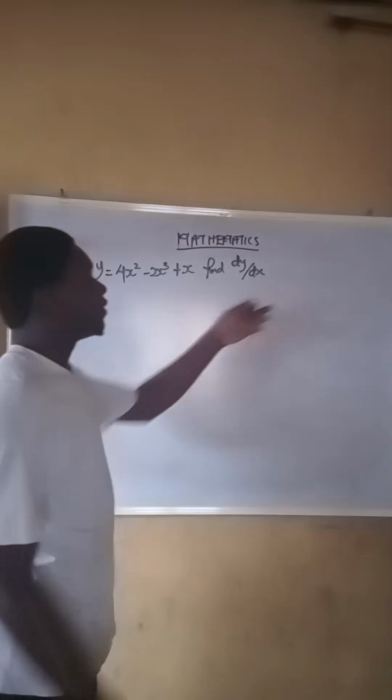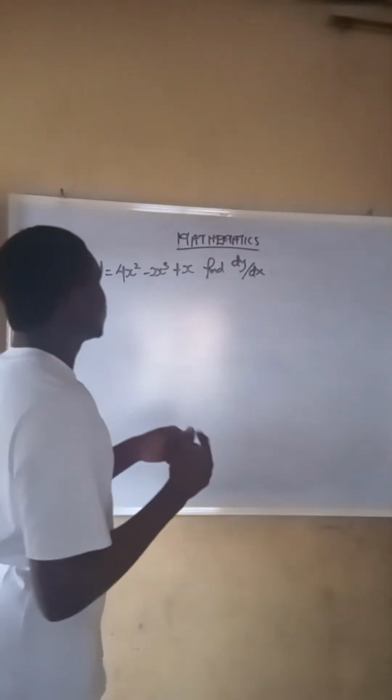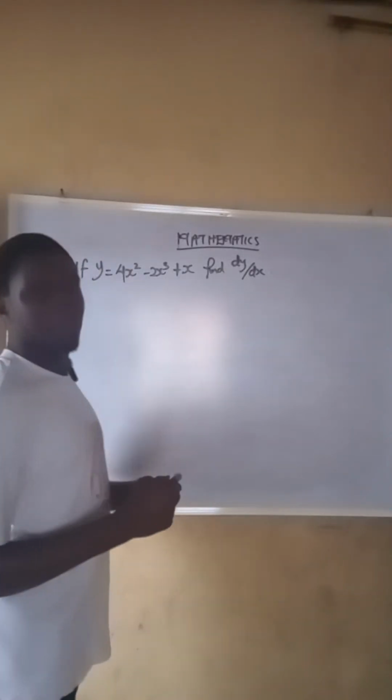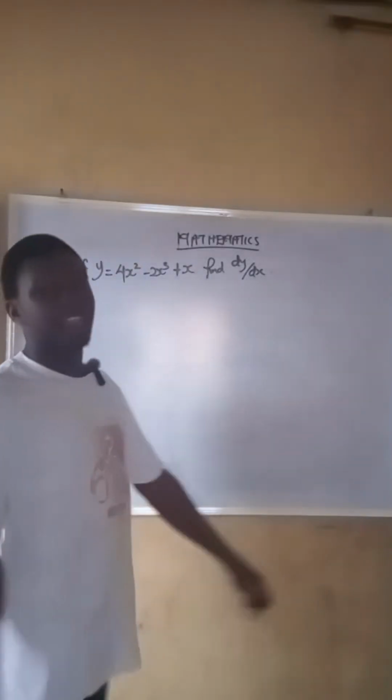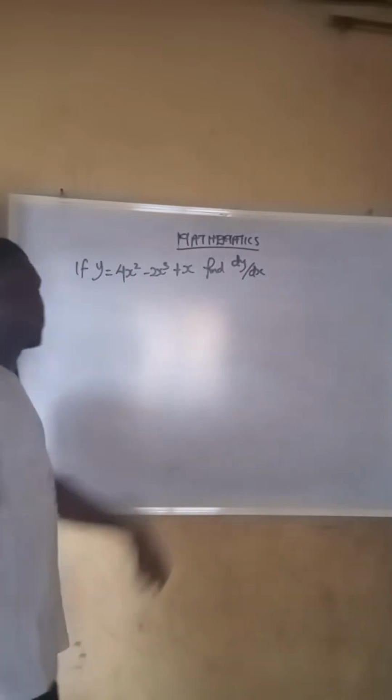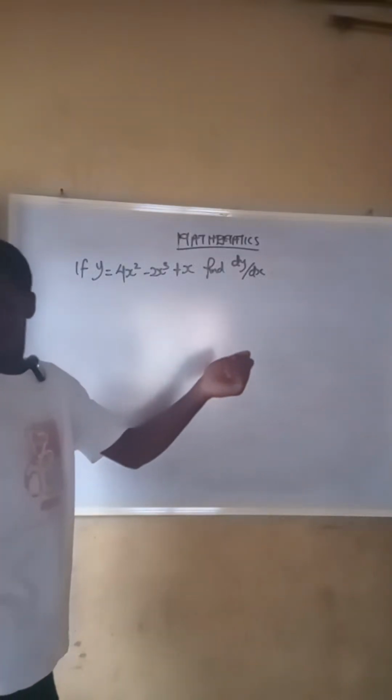Find the derivative of this particular function. y is equal to 4x to the power of 2 minus 2x to the power of 3 plus x. Find dy over dx. What do you use? You use the same formula I talked about earlier, right?